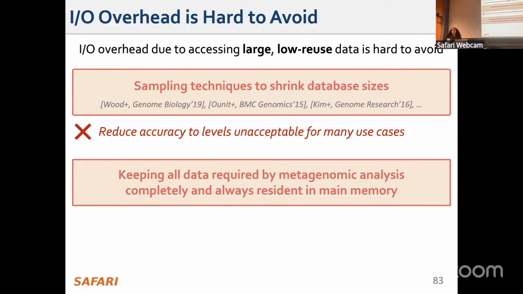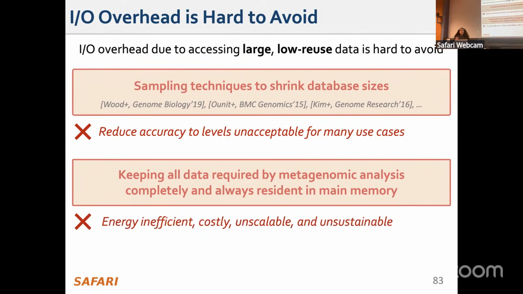You can imagine clinical scenarios where accuracy loss is simply not tolerated. The other potential solution might seem to be: let's keep all data required by metagenomic analysis always in main memory, right? But that is energy inefficient, costly, unscalable, and unsustainable.